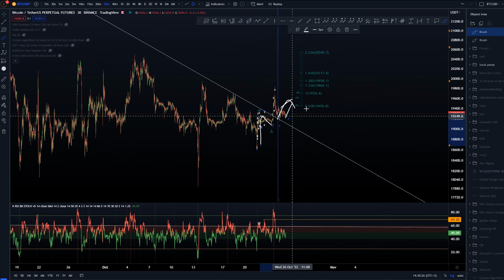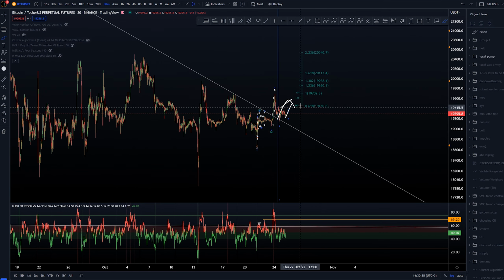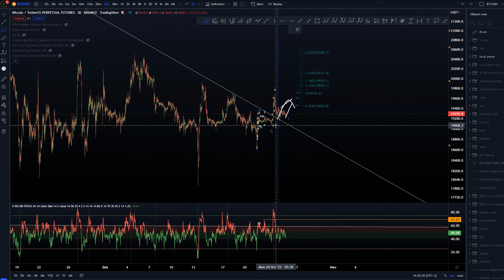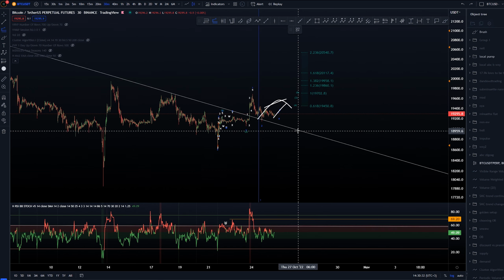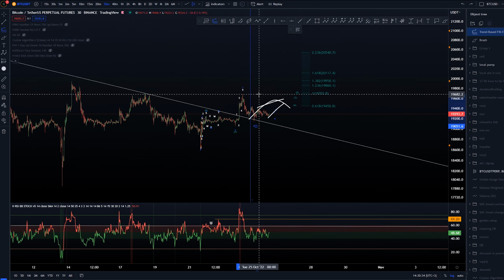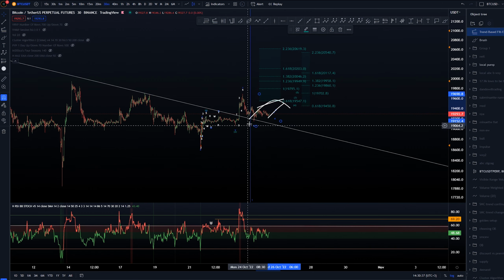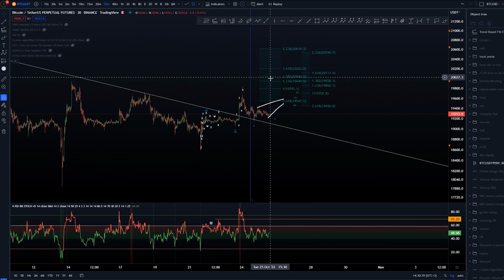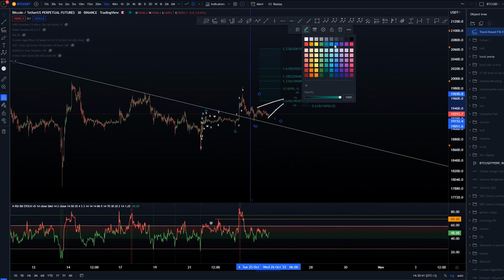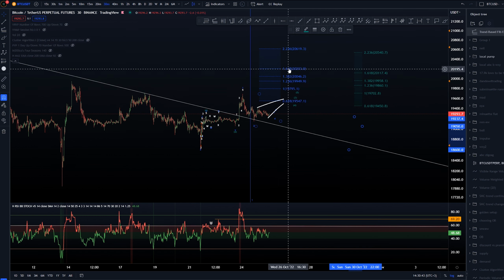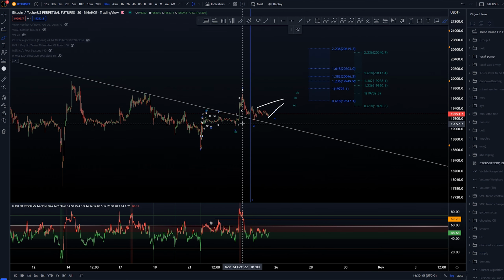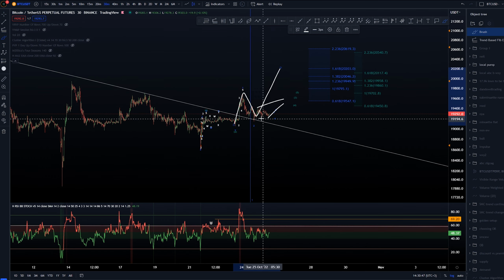The 1.618 extension of this first leg, however, is at the 20.1k. Not quite sure how we are going to label this in here. Depends, of course, on the smaller time frames, how we're going to get some of the targets in. This 1.618 would be 1, 2, 3.